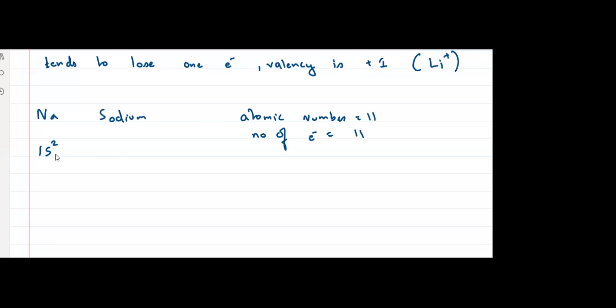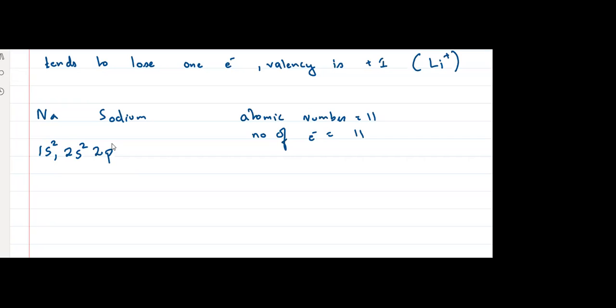Okay. So first orbit 1s2. What about the second orbit? Can I fill the second orbit? Yes. First 1 BHK, so 2s2. Then after 2s2, 3 BHK, 2p. How many electrons should be there in 3 BHK?